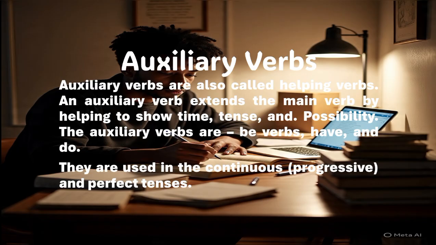5. Auxiliary verbs. Auxiliary verbs are also called helping verbs. An auxiliary verb extends the main verb by helping to show time, tense, and possibility. The auxiliary verbs are be verbs, have, and do. They are used in the continuous, progressive, and perfect tenses.